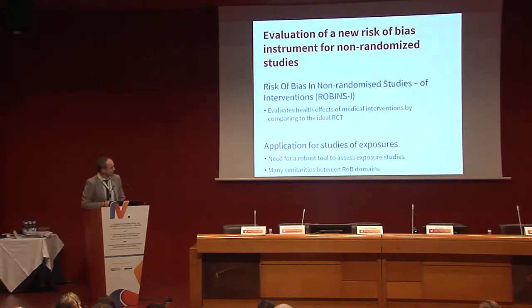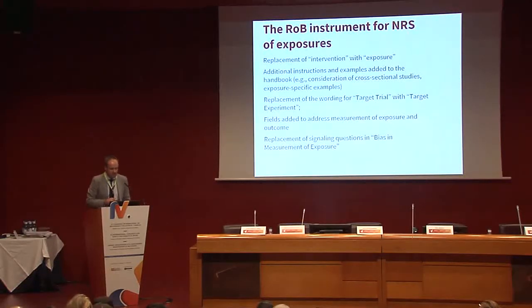It's based on a previous tool called ROBINS-I, that focused on interventions, and we adapted this tool to exposure studies. First of all, we replaced interventions with exposures in the field of occupational and environmental health. The tool has fundamentally at its heart a comparison against the ideal study that we could do that would demonstrate, for instance, whether or not BPA is associated with higher weights.